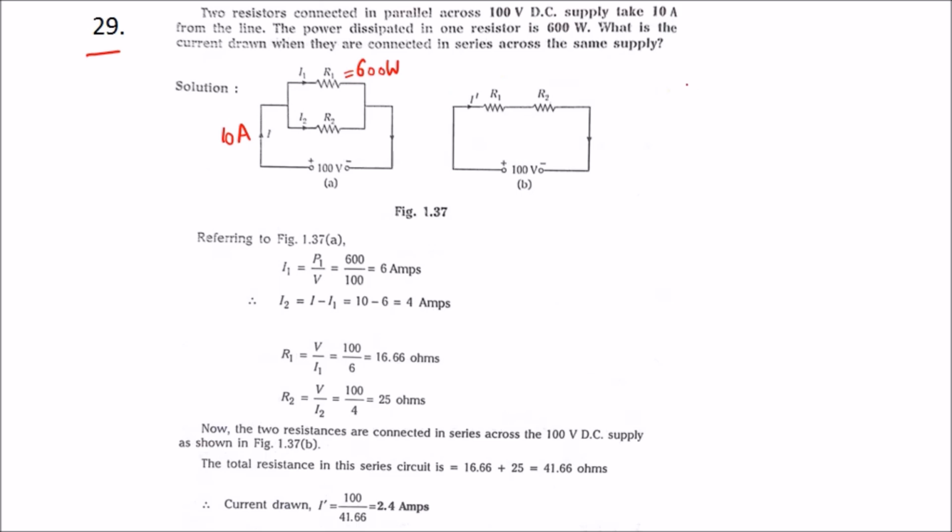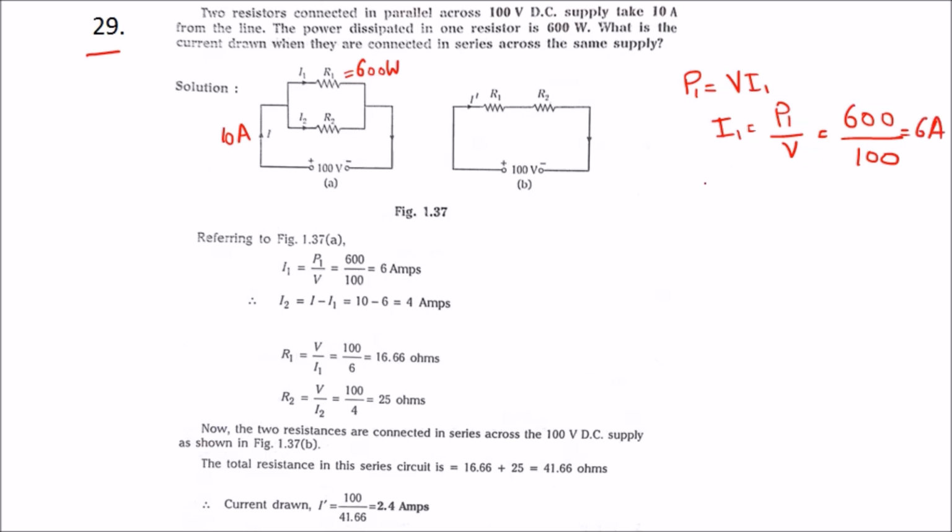We know P1 is equal to V into I1, so I1 is equal to P1 by V. Power is 600 and voltage is 100, so we get 6 amps.